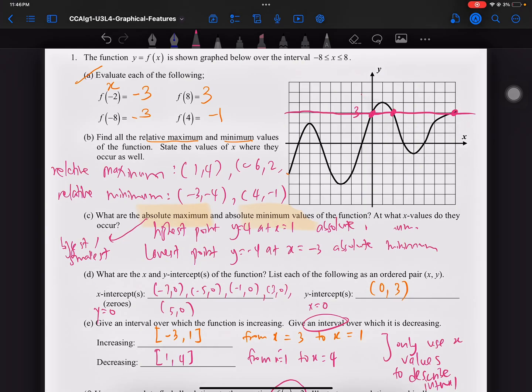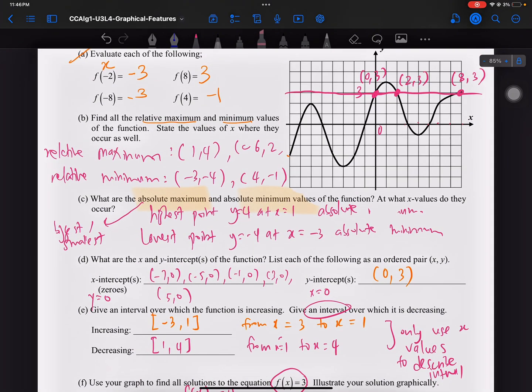You can see here the coordinate is actually x = 0, so (0, 3). Here is x = 2, y = 3, and then here x is 3, 4, 5, 6, 7, 8. So (8, 3). Our solution is x = 0, 2, and 8.